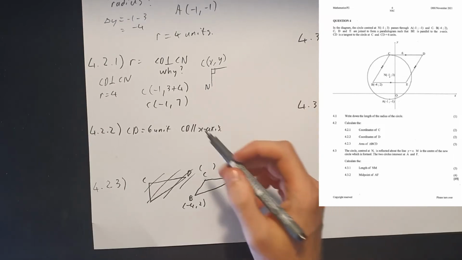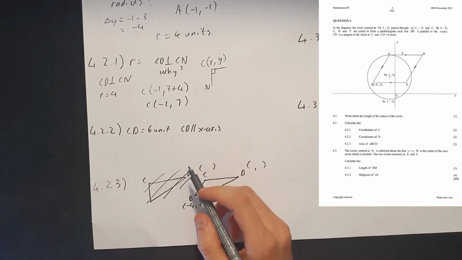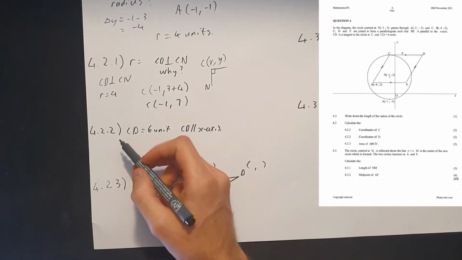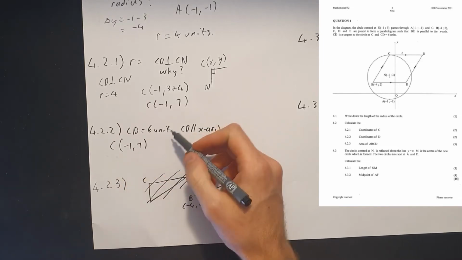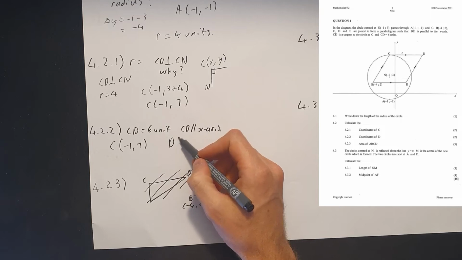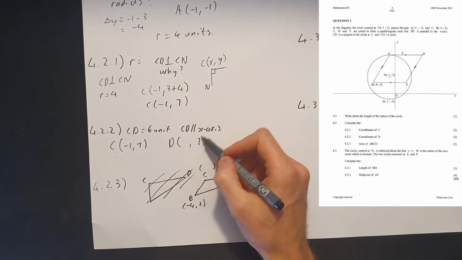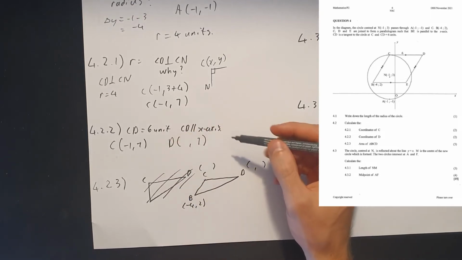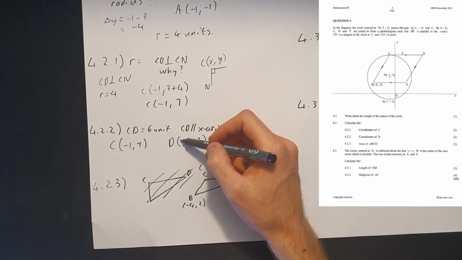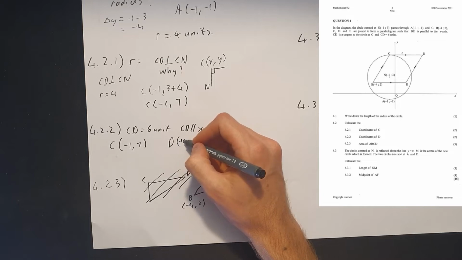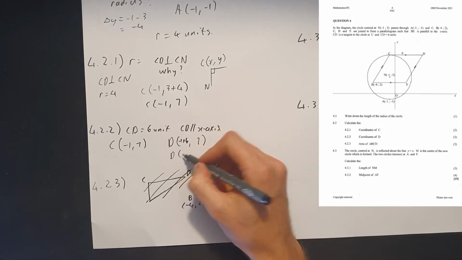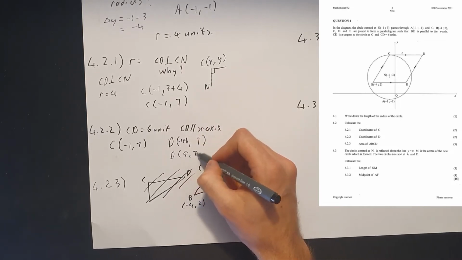This means that D will share the same y coordinate as C. We've just found C to be (-1, 7), therefore D is also going to have a y coordinate of 7 because they are in line. It's just that the x coordinate has moved 6 units to the right. So that's -1 plus 6, therefore D is going to be (5, 7).